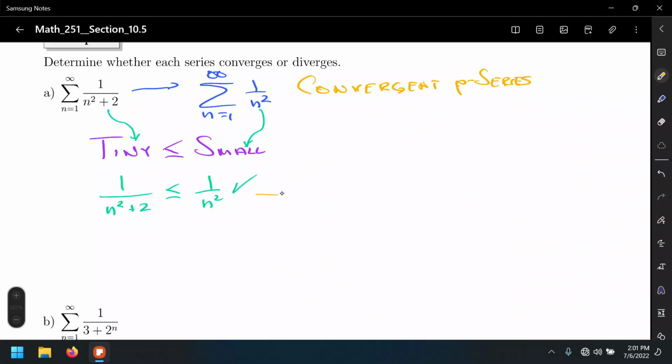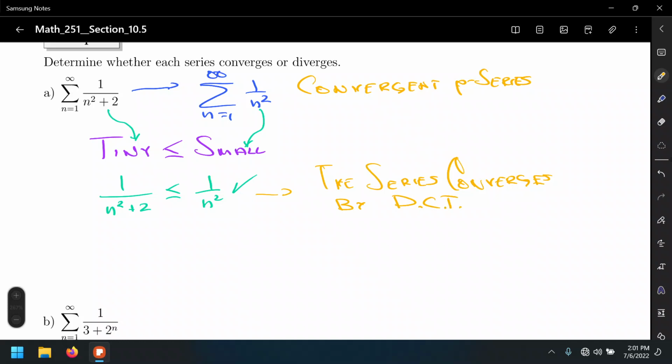Therefore, the series converges by DCT, the direct comparison test.